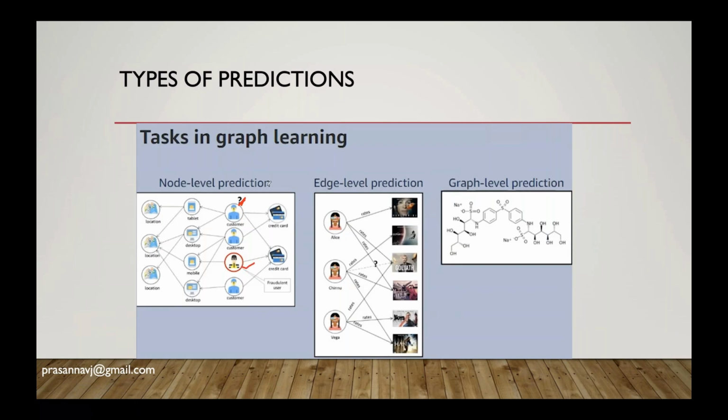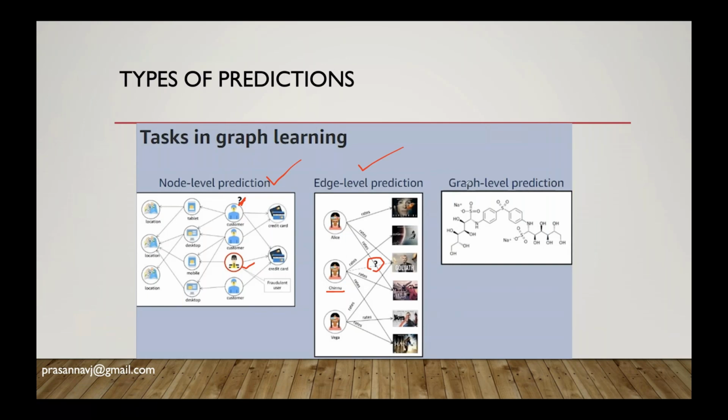Now, in the second example that we looked at, whether we can recommend this particular movie to Chinu, what we are looking at is whether Chinu will rate it or not, which is an edge classification. We also looked at something called whole drug prediction.